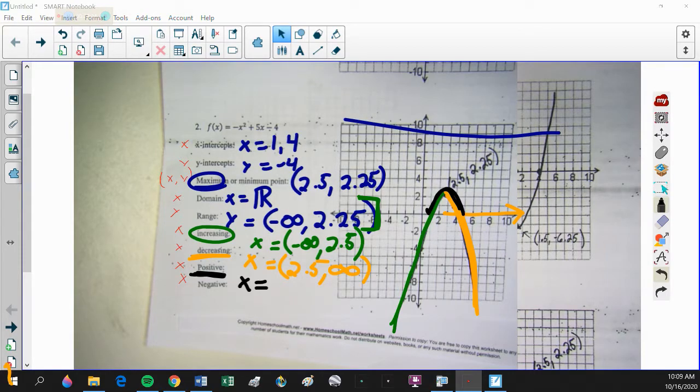X values. 1 to 4. So 1 second from now you will drive out of Death Valley. And then 4 seconds from now you're going back into Death Valley, below sea level. So 1 to 4. Parentheses or exponent or brackets? Parentheses on both.